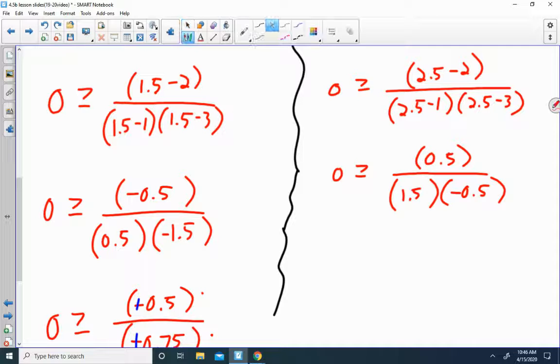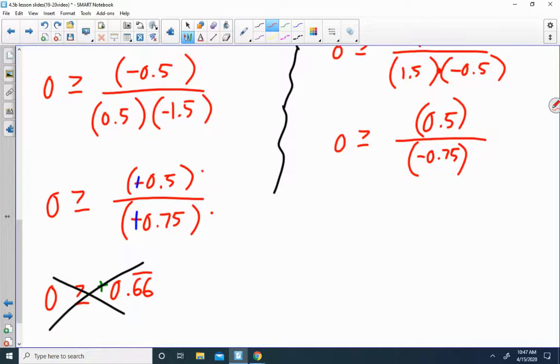Go from there, 0 greater than or equal to 0.5 on top. Multiply the bottom, multiply 1.5 and negative 0.5, and that's going to give you negative 0.75. Do the rest from there.